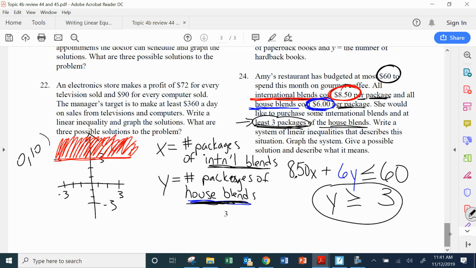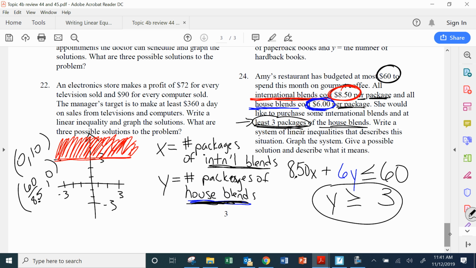This is just for you if you're trying it at home. And then the other one would come out to be whatever 60 divided by 8.5 is, comma 0. So do the math on that. 8 goes into 60 like 7 times, so it probably comes out to be 6 point something comma 0 would be my guess. You can do the math on that one.